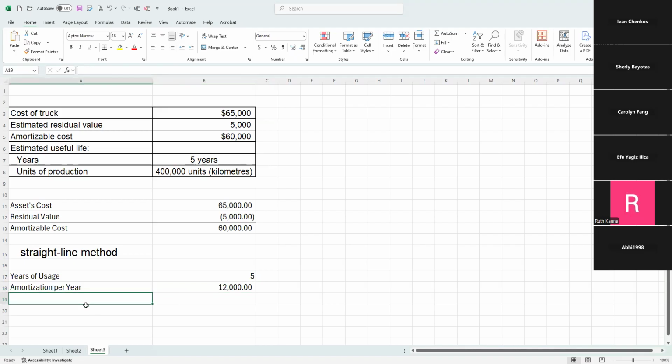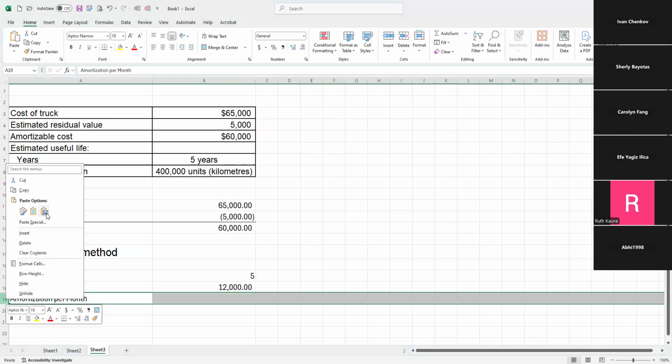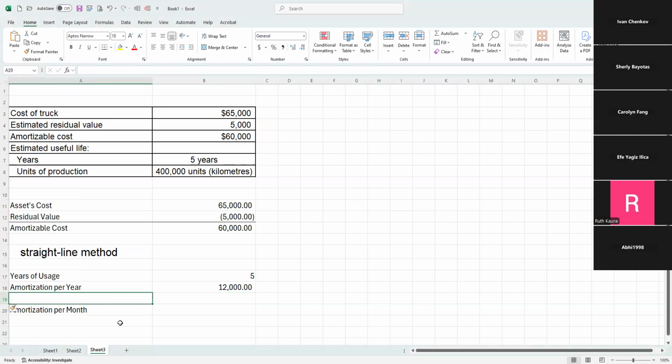Can I go one step down? Can I get amortization per month? Yes. Months per year.